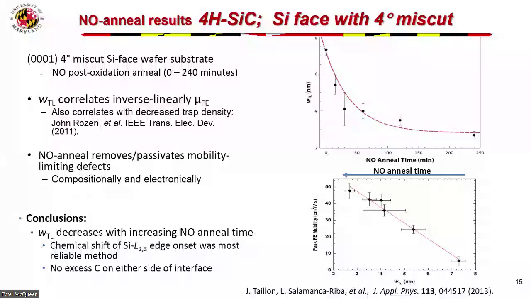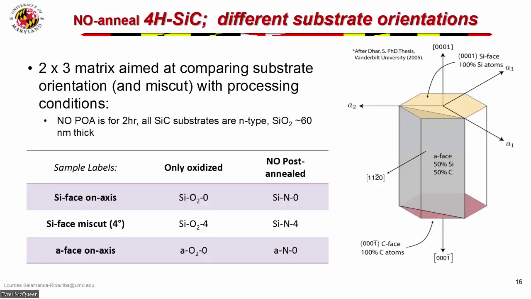So there was a very nice correlation between the annealing time, the charge carrier mobility and the width of the transition layer. So annealing decreases the transition layer width and increases the charge carrier mobility. It also reduces the interface traps.